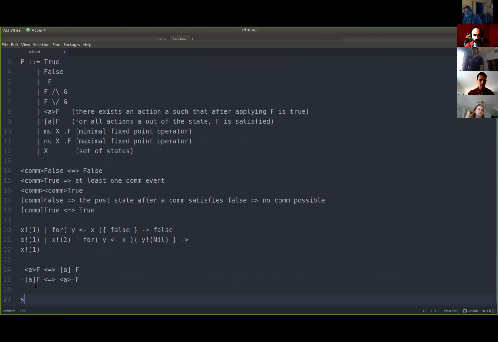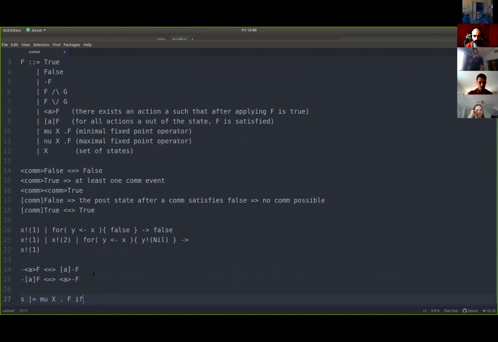What it means for some state, which I'll write lowercase s, to satisfy some formula, say like mu x dot f, is basically to say that not only is this state in the set X, but also X is the smallest set of states that satisfy this formula, basically.